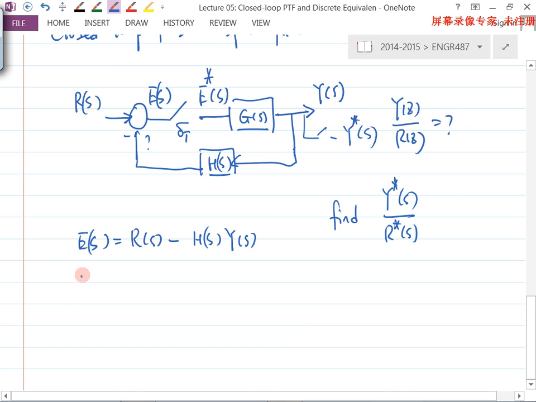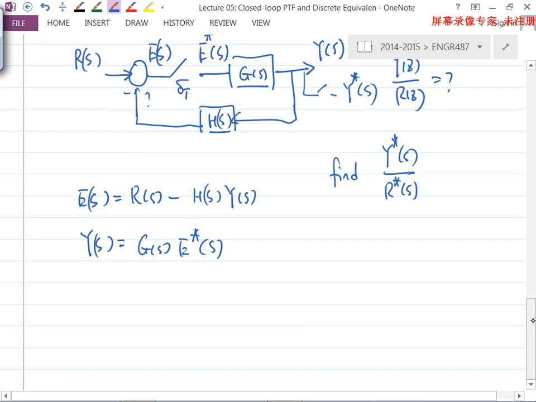And what's Y of S then? Y of S, the output, equals the signal E star times this block G. So it's G of S times E star of S. Right away we can manipulate based on these two expressions.